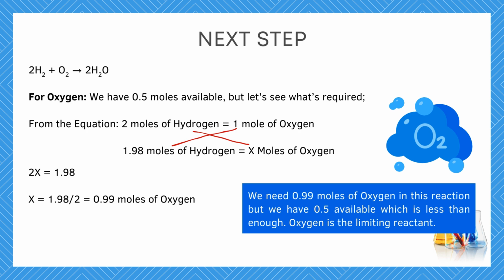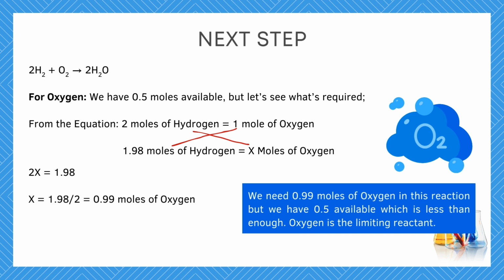We have what is on ground, which is 1.98 moles of hydrogen, requiring X moles of oxygen. When we cross multiply, 2 multiplied by X gives us 2X, which is equal to 1.98. When we divide both sides by 2 to get X, that gives us 0.99 moles of oxygen.